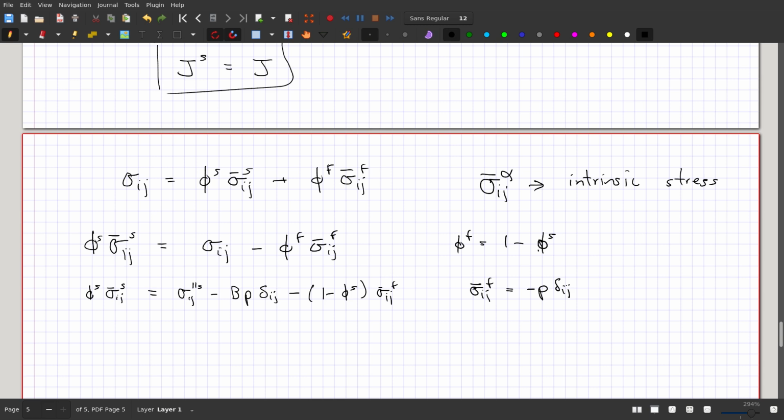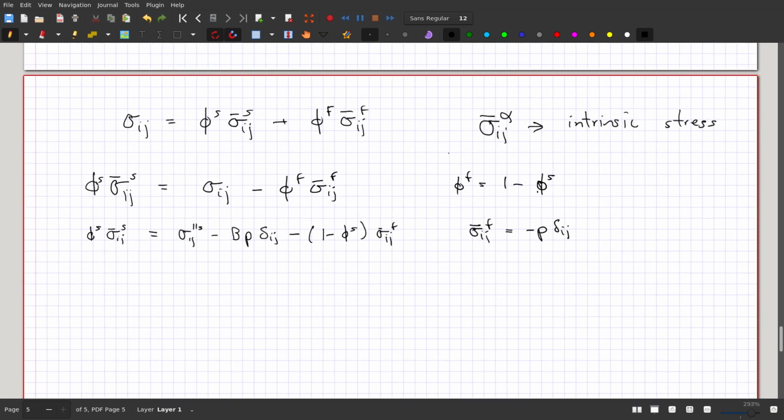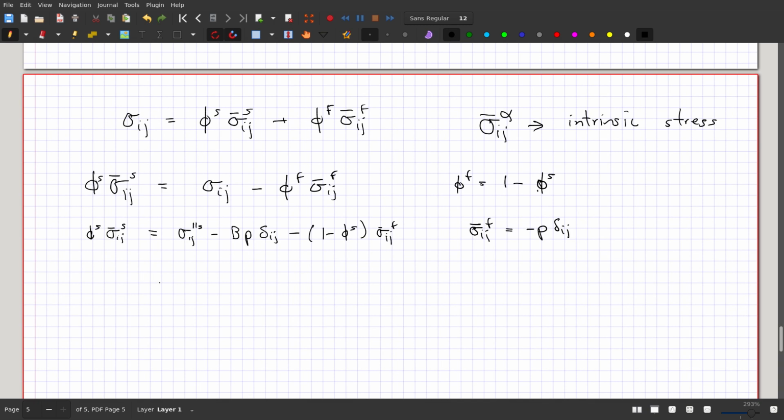So basically, the other thing we're going to do is use our constitutive model, sigma double prime of S ij, we're just going to make that equal to a linear elastic isotropic solid. So we're just going to use generalized Hooke's law for an isotropic solid.